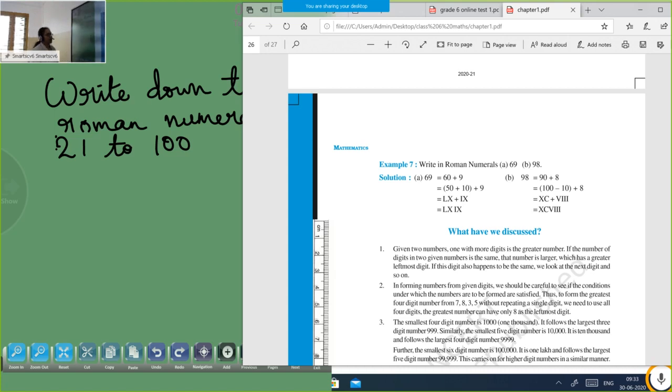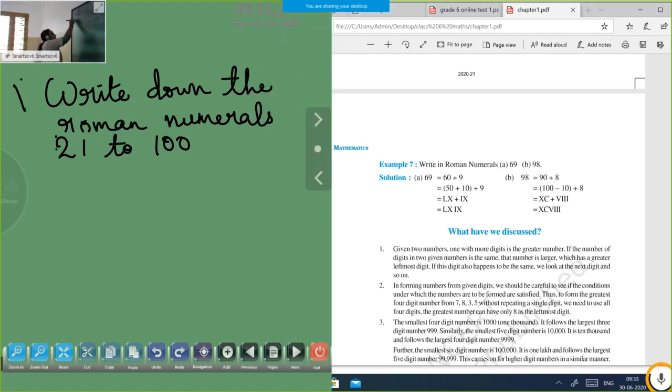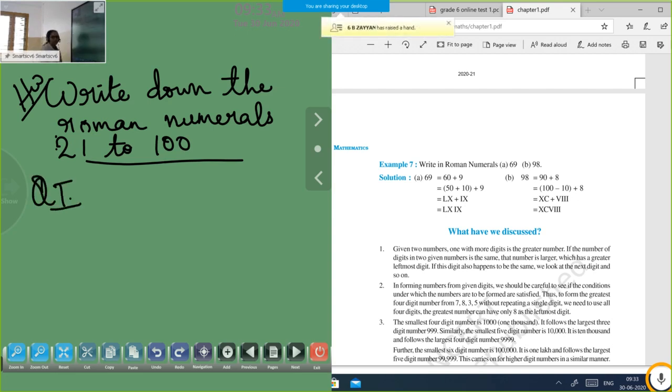Now, the teacher is giving you some questions. Okay, this is the homework. Mark it as homework. Now, in the exam, how will the question come? They will ask you the question. Question 1. See, the teacher put the Roman number only.